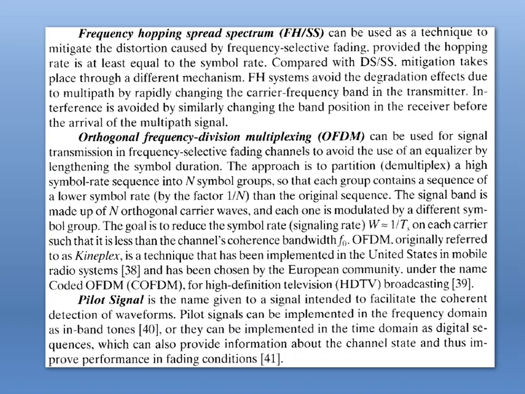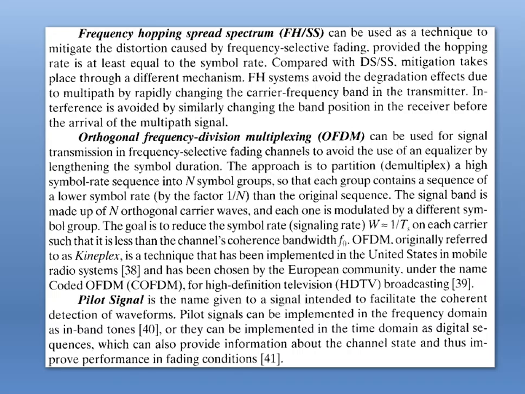Once again I repeat, combating frequency selective distortion can be accomplished by the decision feedback equalizer, the maximum likelihood sequence estimator, the direct sequence spread spectrum technique, the frequency hopping spread spectrum technique, then OFDM, and then the pilot signal. Each method has its own importance in reducing the fading that can be formed by the frequency.